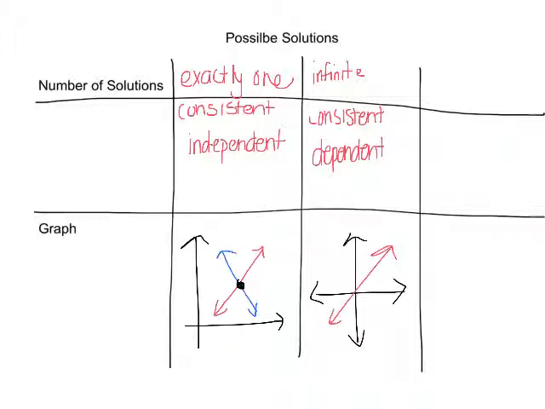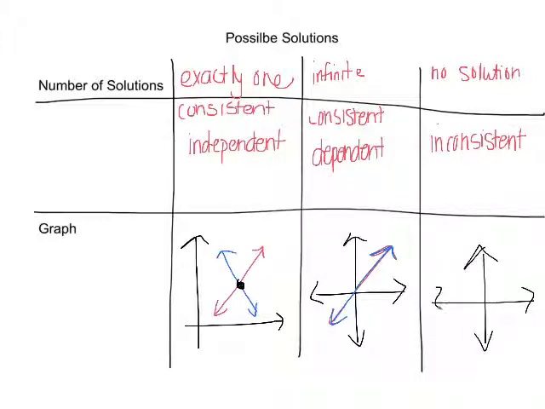So there would be the first line, and then here's my second line. As you can see, they're laying exactly on each other, so any ordered pair is going to be a solution. And then our last type is no solution, and that would be considered inconsistent. The graph of those would be, as our definition said, two parallel lines. So we have a line here, and then we would have this line there.